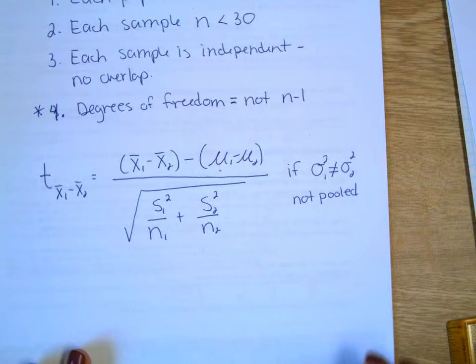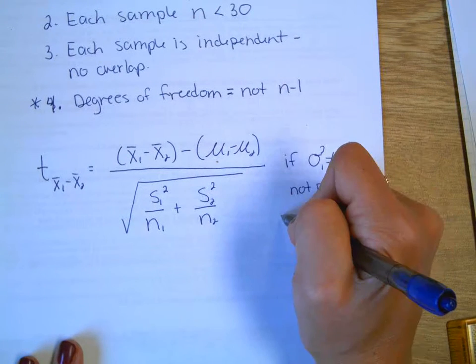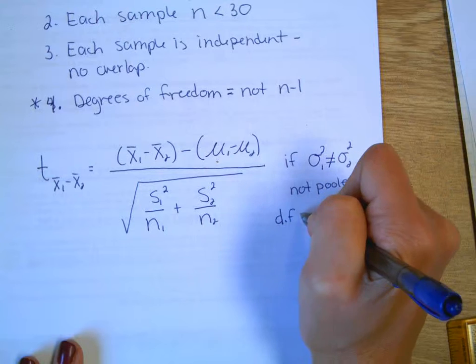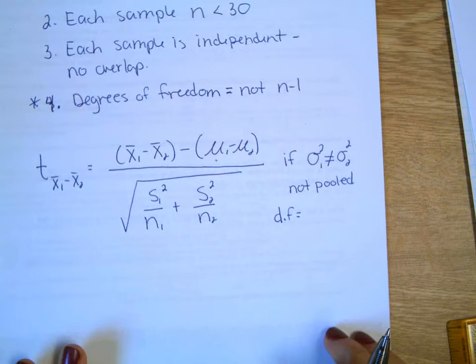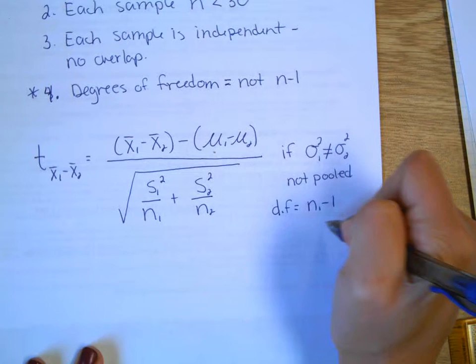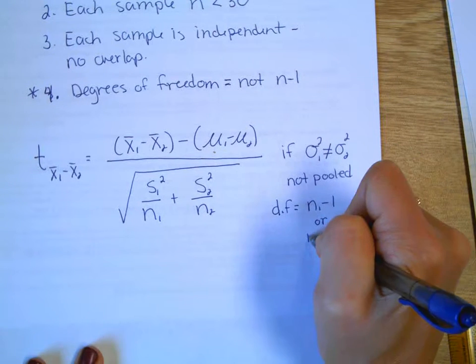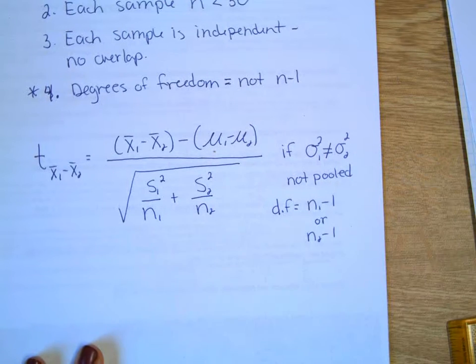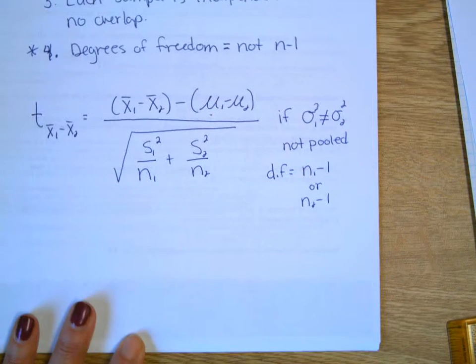And then your degrees of freedom, your df, will equal either the first sample size minus 1 or the second sample size minus 1, whichever one comes out smaller.